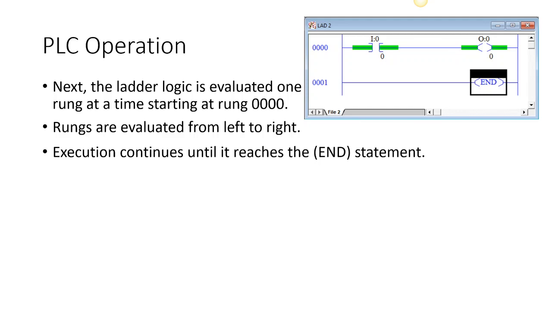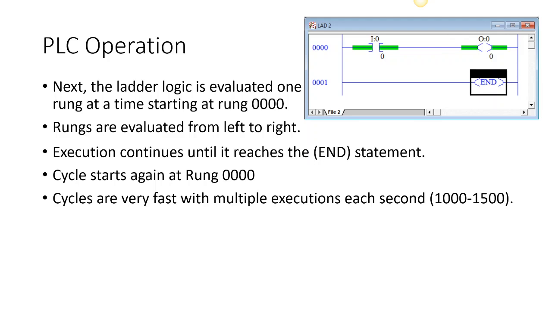That lets the program know that we have reached the end of the instructions. And then the cycle will start again at rung 0 when we get to that part of the scan sequence. But we're still at step 2 of a 3-step process right now.